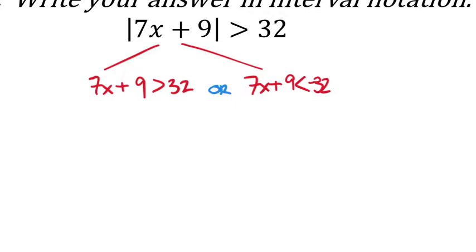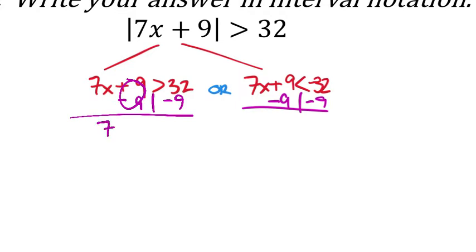So, well, let's use some principles of equality here. So subtract 9 from both sides of both inequalities. All right, so that zeroes that out, so I'll drop my 7x is greater than 23, it looks like. That zeroes out there, drop my 7x is less than negative 41.